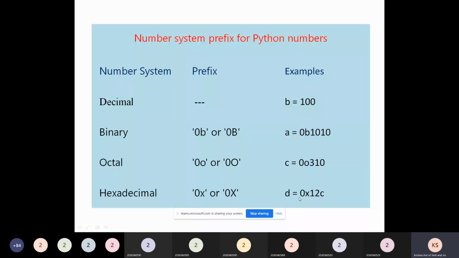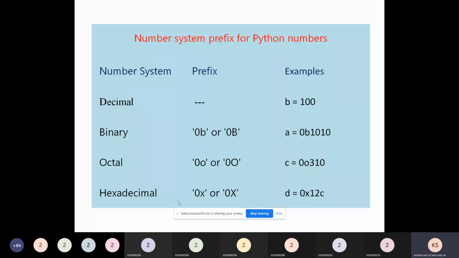So 0 to 9 are digits, and A to F are letters: capital A, B, C, D, E, and F. Here A has the value 10, B 11, C 12, D 13, E 14, F 15. So you know the number system and how to write hexadecimal form.